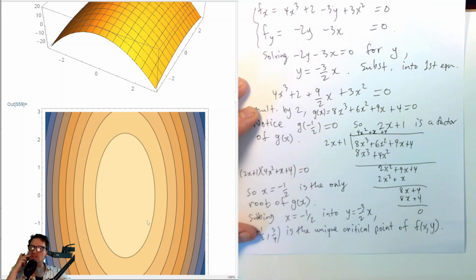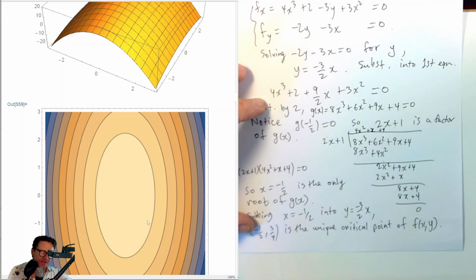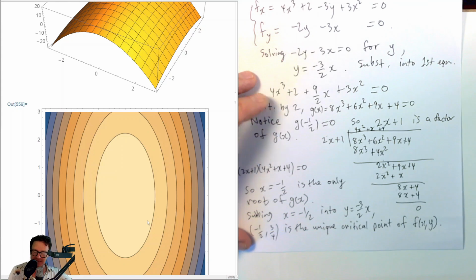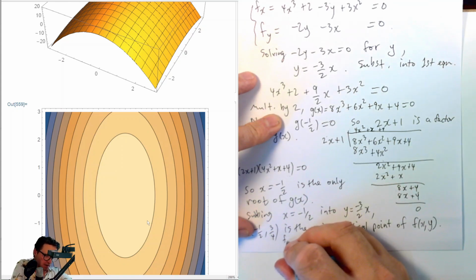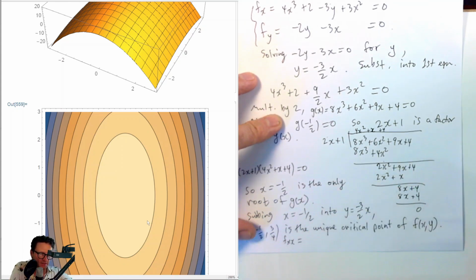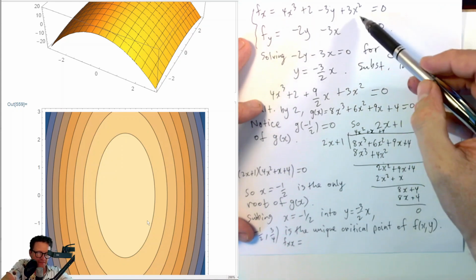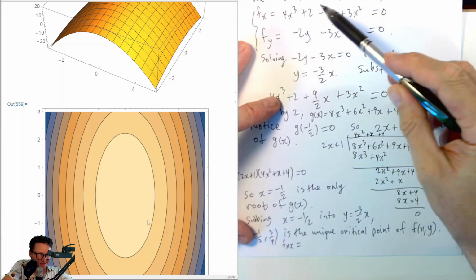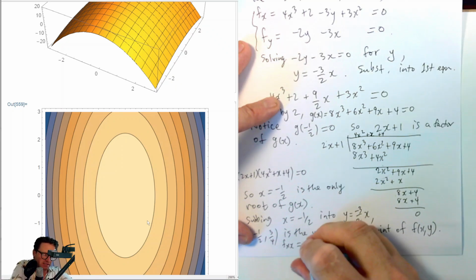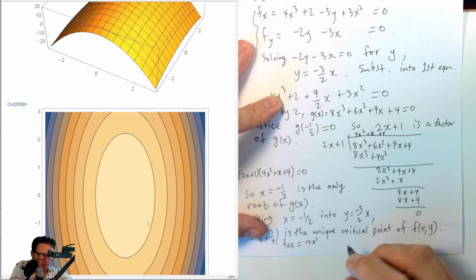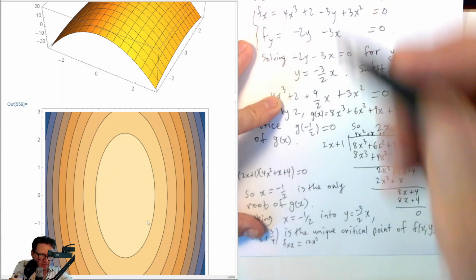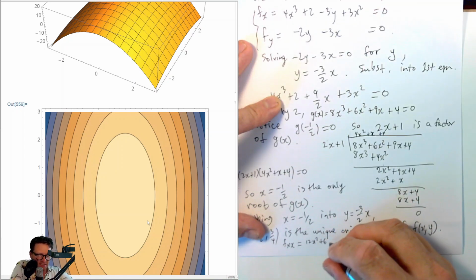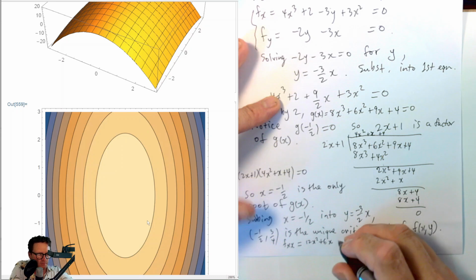All right, I'm almost out of space. So now for the Hessian, we've got to take second order derivatives. So fxx is, well, where did f of x go? It's here. We're differentiating this with respect to x partially. So we have 12x squared, and then looking at this, plus 6x.